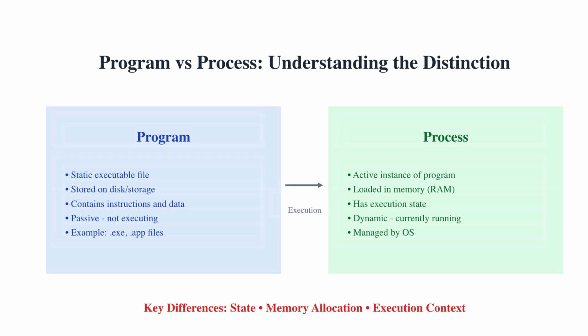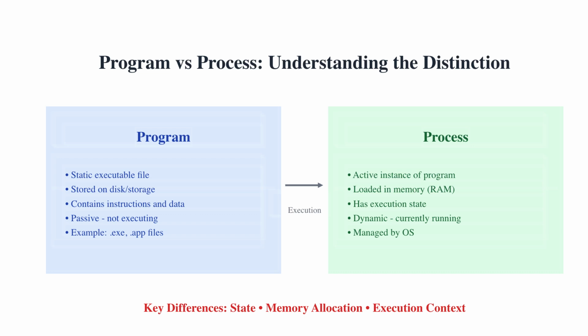Now, a process is completely different. A process is what happens when you actually run that program. A process is the active, living instance of a program. When you click an executable or run a command, the operating system loads that program into memory and creates a process. The process has its own memory space, execution state, and resources.